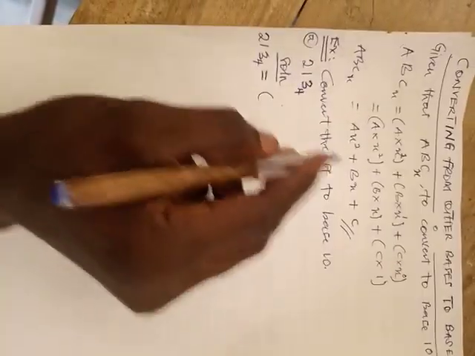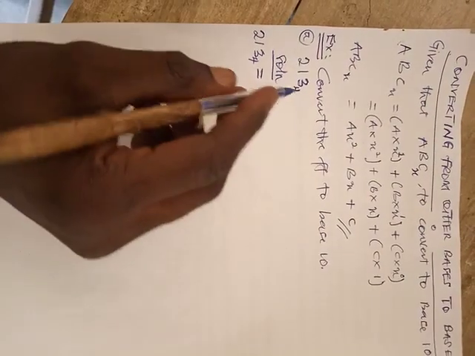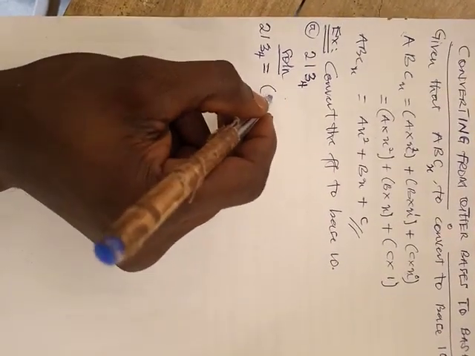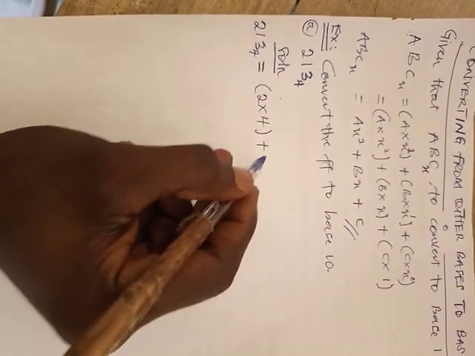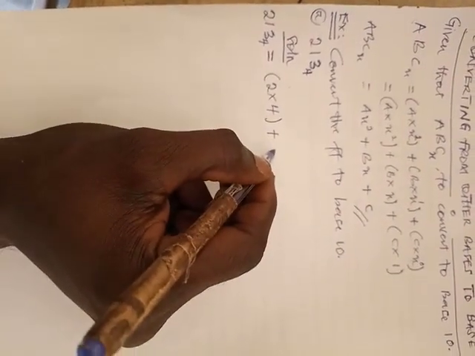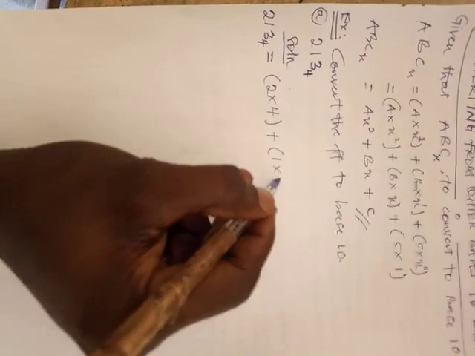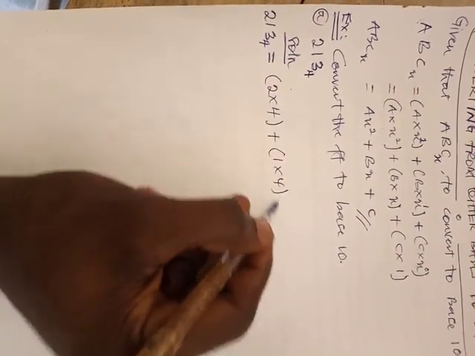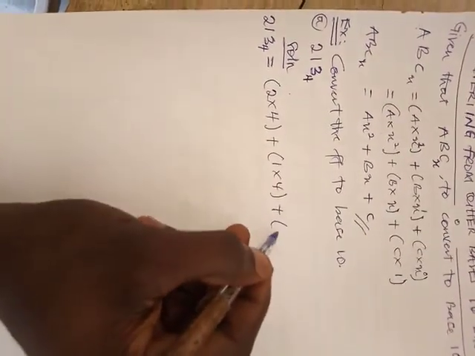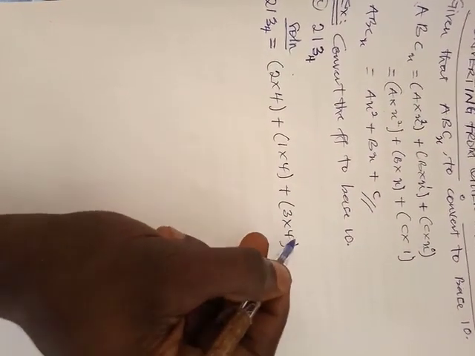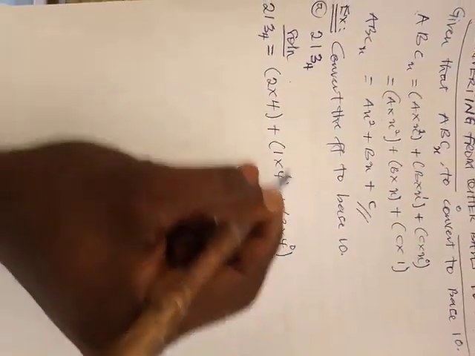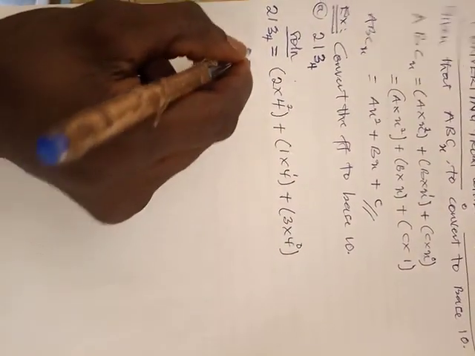So per what we saw up here, we are going to multiply each of these respective numbers by the base. So 2 times 4, separate each of them with an addition sign, 1 times 4 and 3 times 4. So 0, 1, and 2.